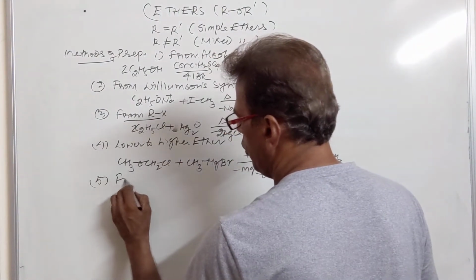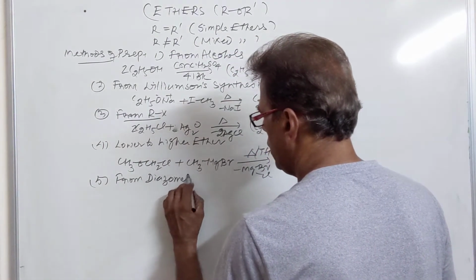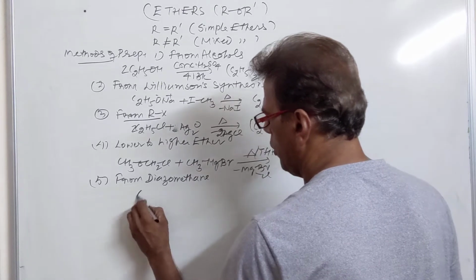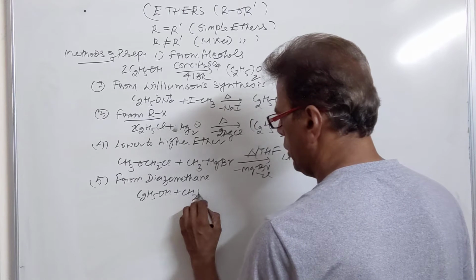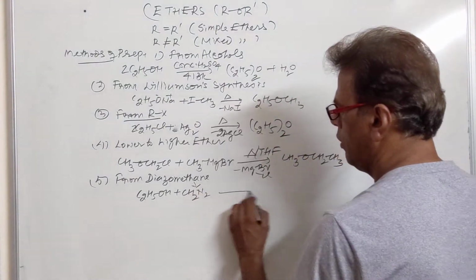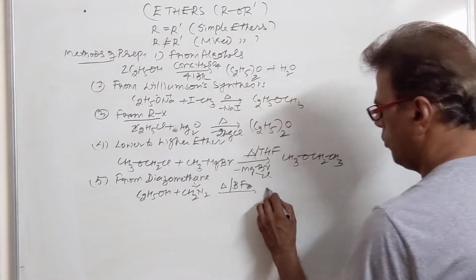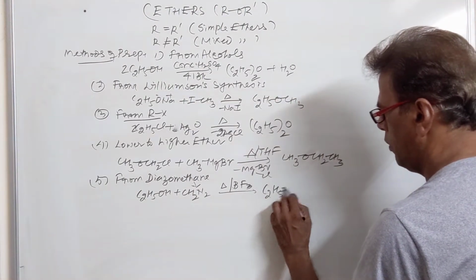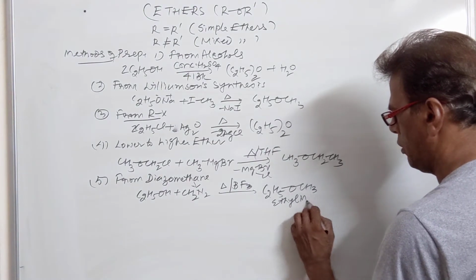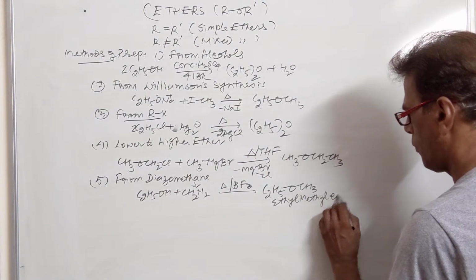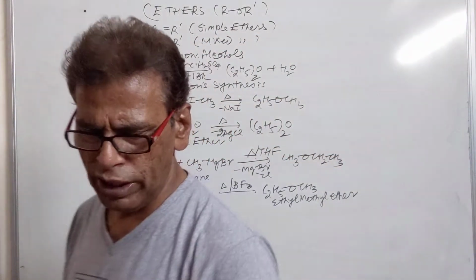The fifth method is from diazomethane. Diazomethane, CH2N2, when heated with ethyl alcohol in the presence of boron trifluoride, gives C2H5OCH3, which is called ethyl methyl ether. So these are 5 methods of producing ethers.